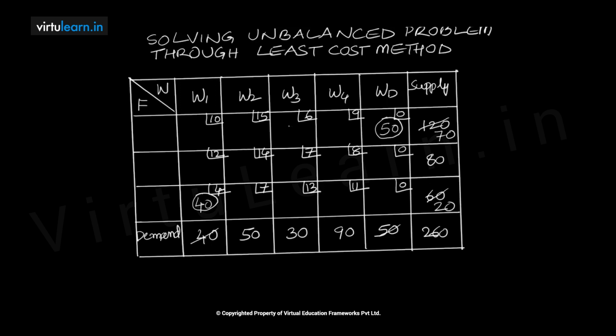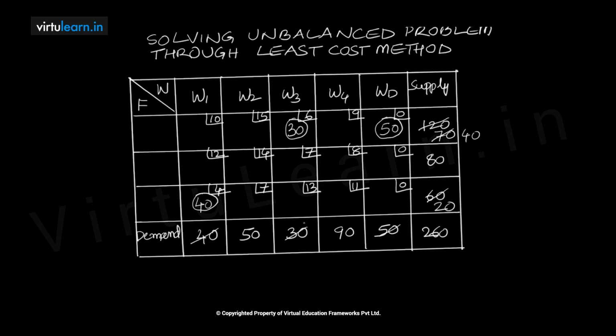So at the most we can allocate only 30 units. Out of 70, 30 are gone and we have 40 units remaining. Then the W3 column is also no longer useful. W1, W3 and WD are all satisfied.